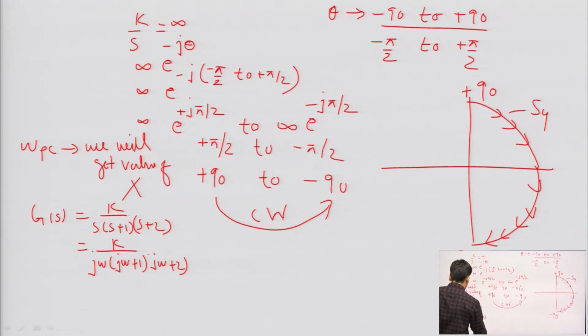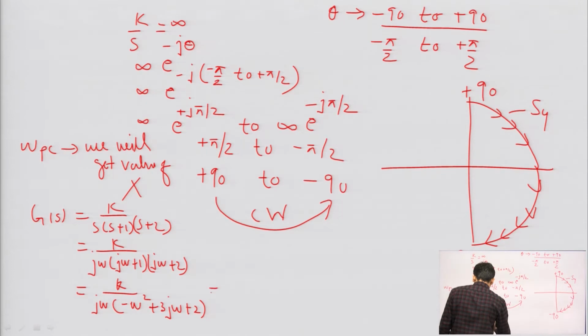I need to separate out real and imaginary parts. Expanding, j omega times this becomes minus omega square j omega, and plus 3 j omega plus 2.